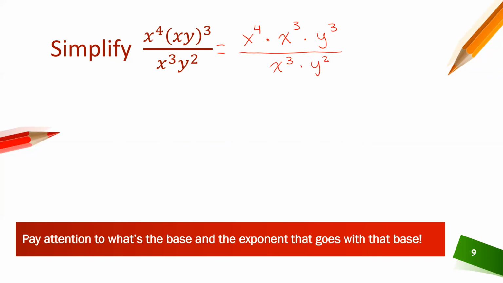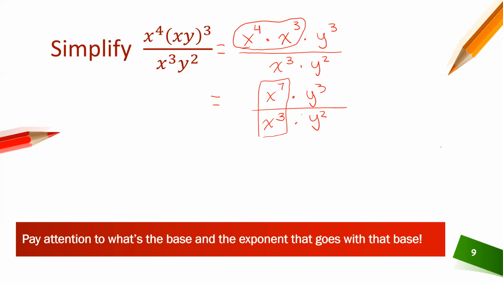Okay, so property number 1 tells me that I can combine these because those are being multiplied with the same base. So that is the same as x to the 7th power times y to the 3rd divided by x to the 3rd times y squared. And guess what? Each one of these variables is a division problem, right? So here's a division problem.